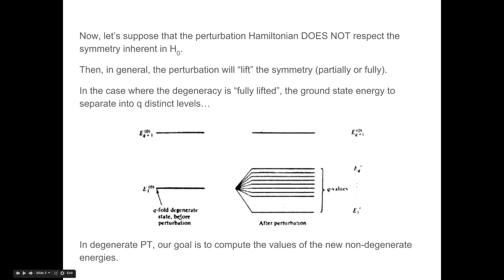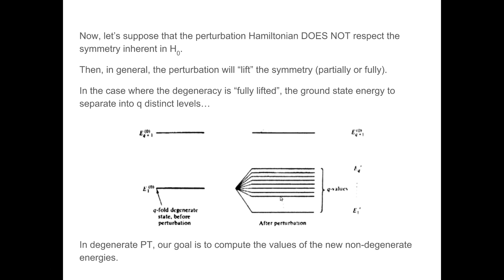The left-hand side here is the initial case. You have a ground state, you have some excited state, and so on and so forth. But before we turn on that perturbation, there's actually Q different states that have the same energy eigenvalue. But then say we flip the switch and turn on our perturbation, and that perturbation deforms the symmetry that the Hamiltonian has in it, and that deformation causes this Q-fold degeneracy to split into Q different states, and they all have different energies.